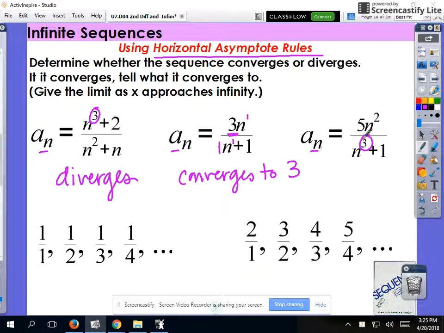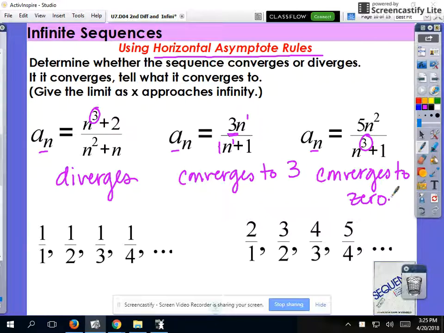So that means that we need to remember if it's growing bigger on the bottom, then that approaches 0. So converges to 0. Hopefully you remember some of those things. If not, now's the chance to go back through and remember them.